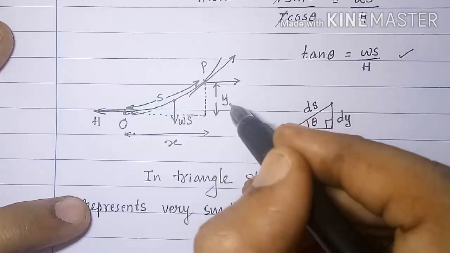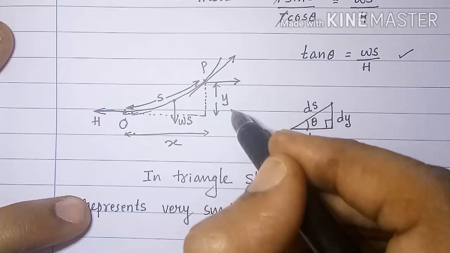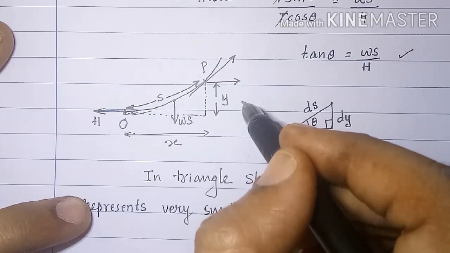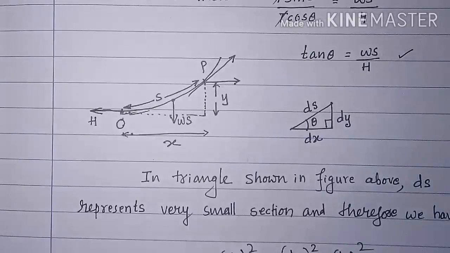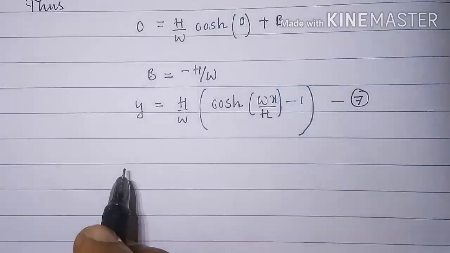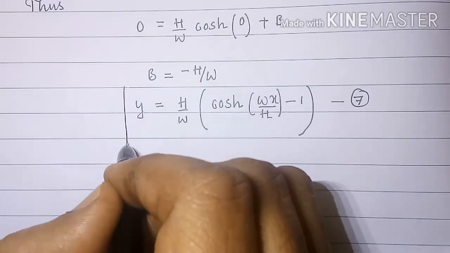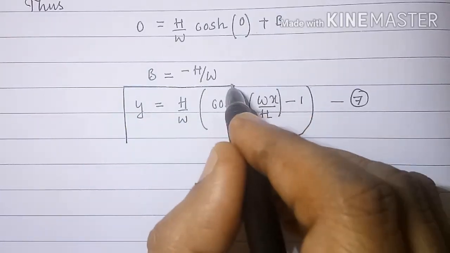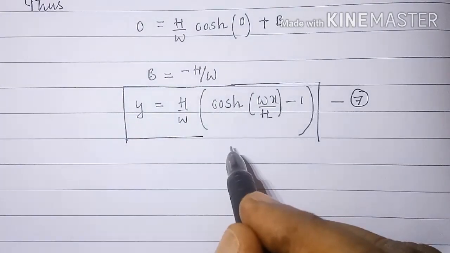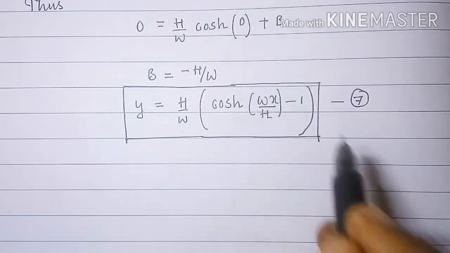Which means the expression for y here we have obtained now, that is equal to h by w inside the bracket cosh of wx by h minus 1, bracket complete. And this equation 7 is called equation for sag, that is catenary.